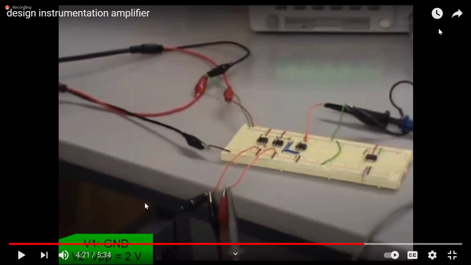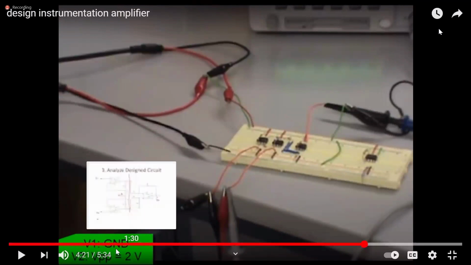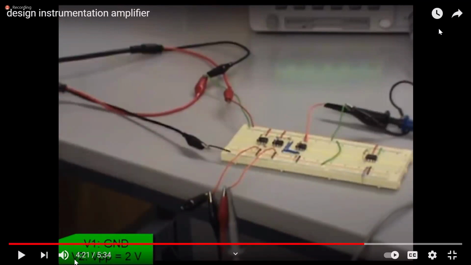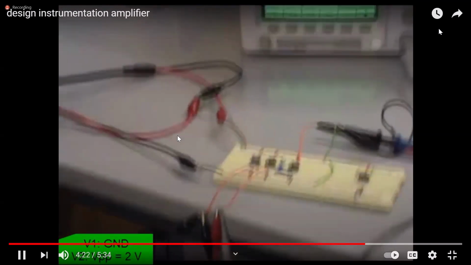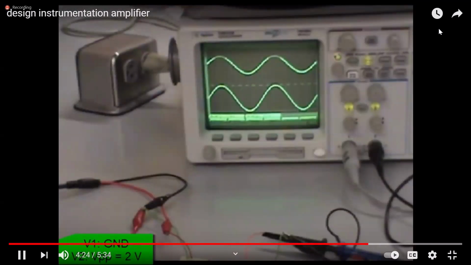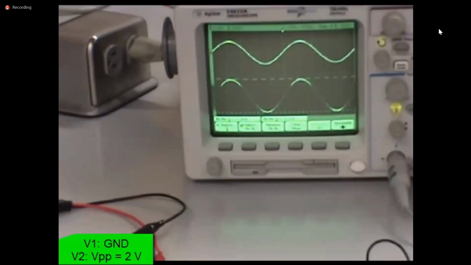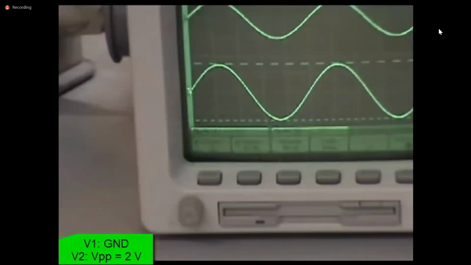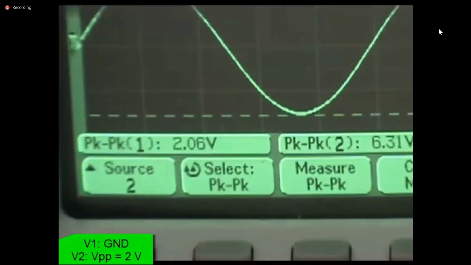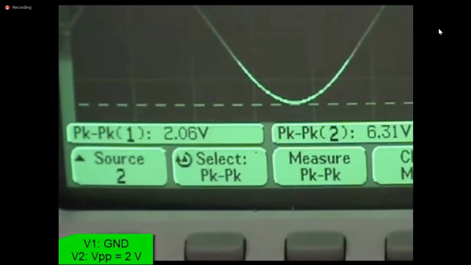So in the first case, the first operational amplifier input is 0 volts, that is ground, and the second operational amplifier input is 2 volts. The result shows the input signal V2 and the output signal together, and they are in phase. As for the amplitude, the output is about 3 times the input.